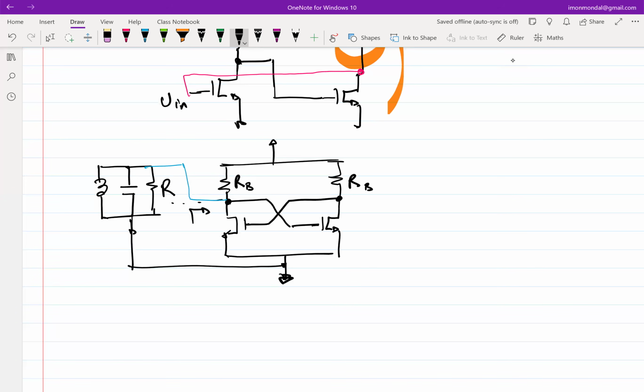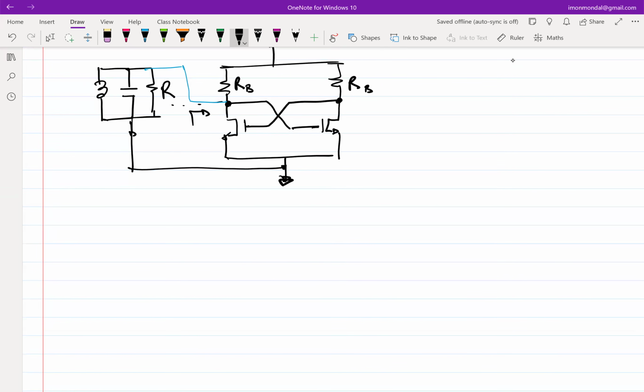But since we already have an inductor in the picture, I probably don't need that RB to give the biasing if I put the other end of the inductor to a VDD. What I mean is, I can essentially do this.